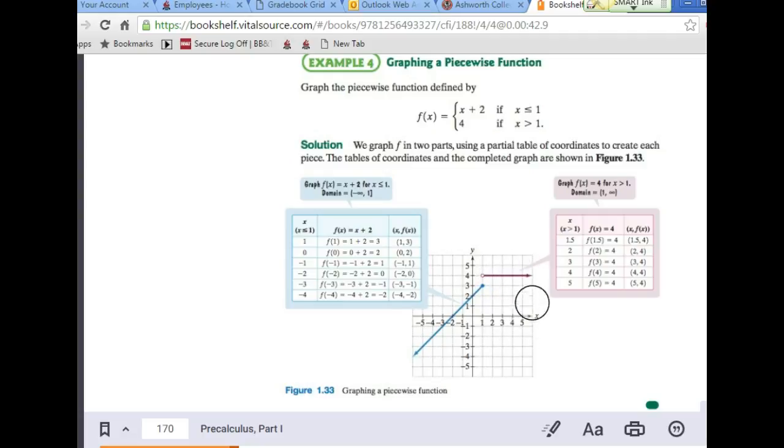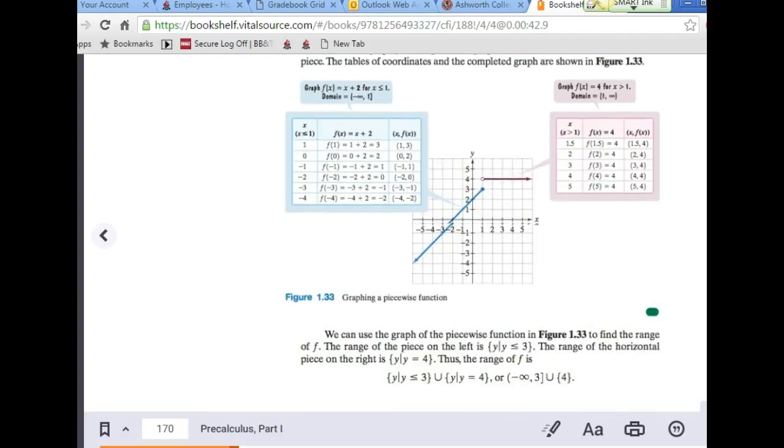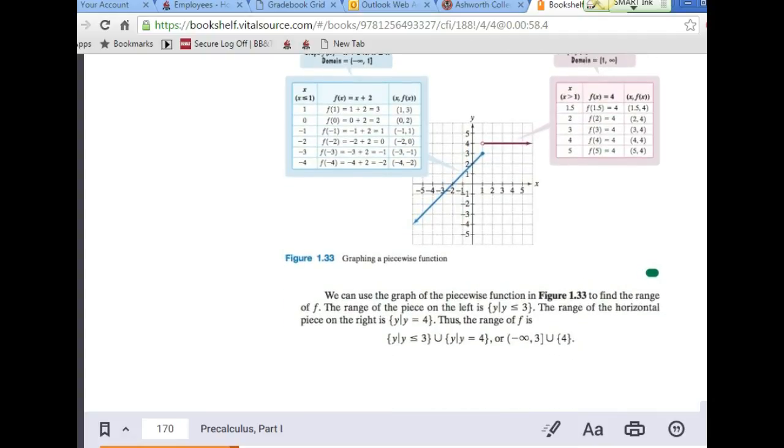When I put both of these together, this is referred to as a piecewise function. We're literally just putting two functions together, and therefore it's pieces, so it's a piecewise function. It says we can use the graph of the piecewise function to find the range of f.